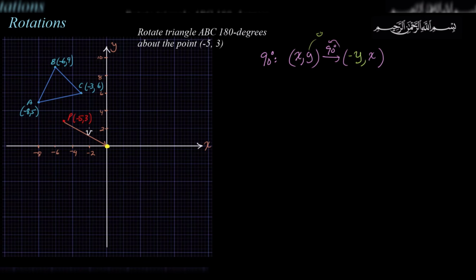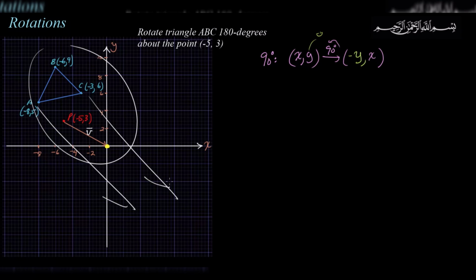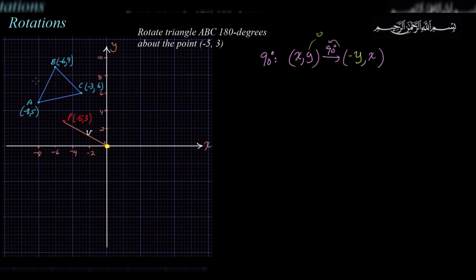So we use a vector to move P, and then we use the same vector to bring A, B, and C along with it. In other words, redraw the whole thing, but based on here. You take all of this and move it this way, so that P falls on the origin, and everything else falls where it's supposed to with respect to P.